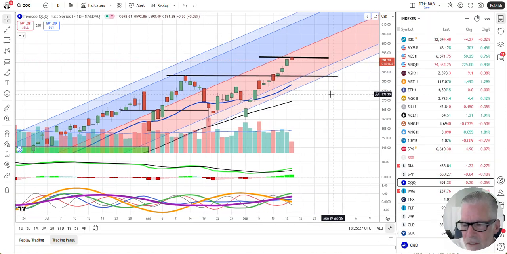I could see us printing a 1 to 1.5% trading range over a week or two in response to the Fed, and maybe a little bit of disappointment that they're not just going to slash 50 basis points every time they meet, especially given the big revision in jobs numbers. So I could see a little 1 to 2% trading range forming here through the rest of the month, and then October usually is pretty strong, slated to be a pretty good month.